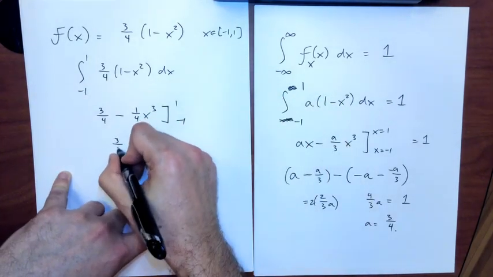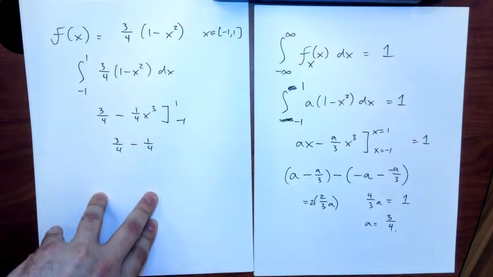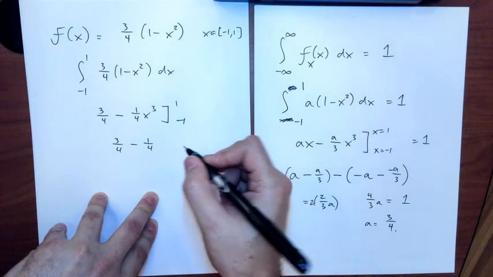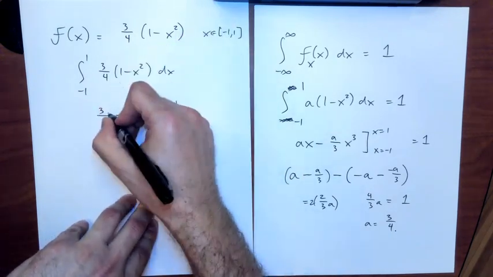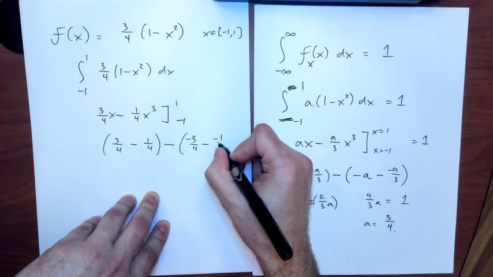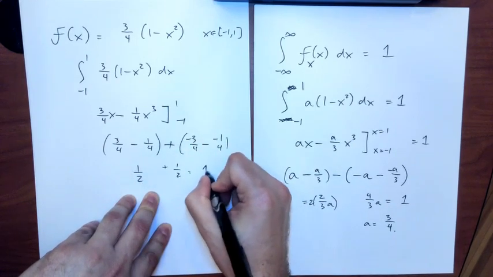So I get 3/4 minus 1/4. Did I do this wrong? Silence descends on the class. No, this is okay, because there's a 3/4 x, right? All right. So I feel good about this because I get 1/2 plus 1/2 is 1.